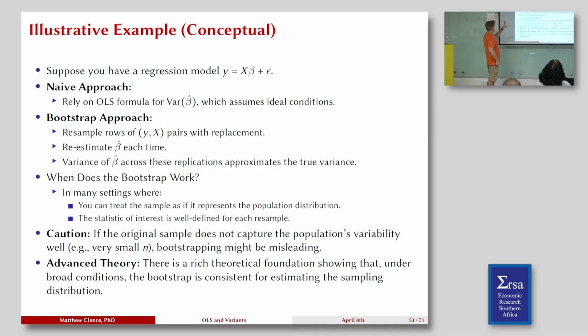Instead of that, we can actually look at the bootstrap approach and basically say, let's resample all the rows with replacement, say however many times, and then re-estimate beta on each instance as we go through. So I basically tell it to randomly sample from that outcome, estimate beta. Do it again, estimate beta. Do it again, and so forth, over and over and over again.